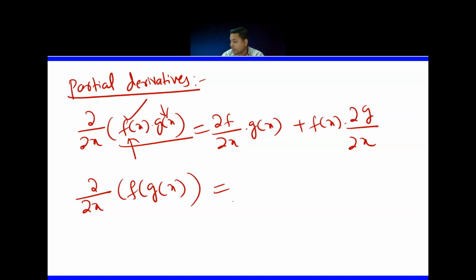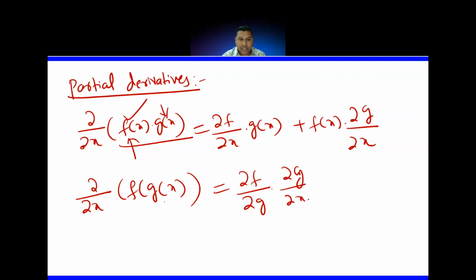But here, how do you find out? So you find out dou f by dou g into dou g by dou x. You first find out the derivative of f with respect to g, and then find out the derivative of g with respect to x. Okay, we'll see a few simple examples to understand this.